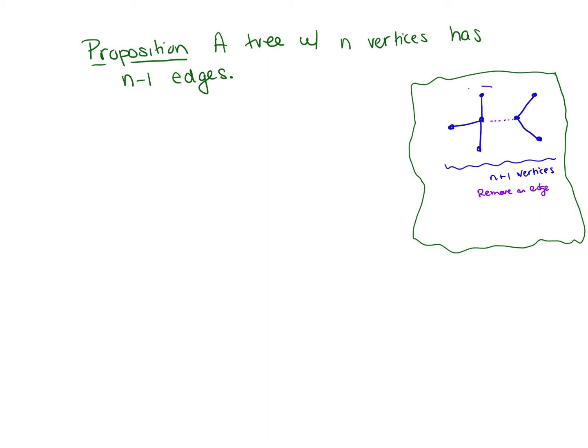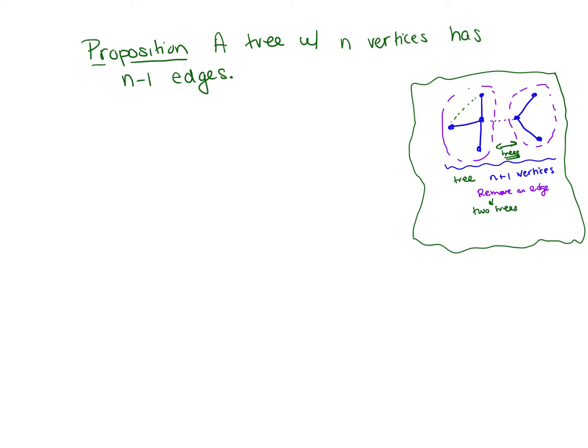Now it's going to be disconnected, so I'm going to get 2 different components. But my claim is that both of those should be trees, because they can't have any cycles. If they did have a cycle, then the original graph would have a cycle, so that wouldn't be a tree. So I'm starting with that tree with n plus 1 vertices, I remove an edge, and I should get 2 trees.